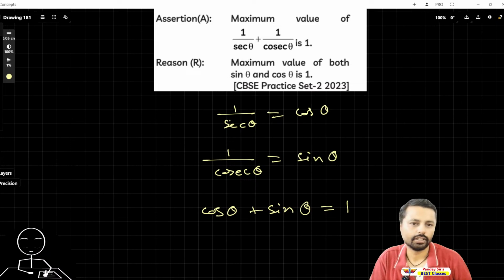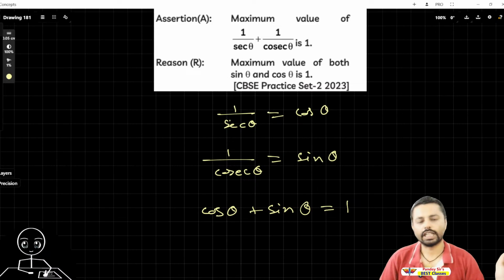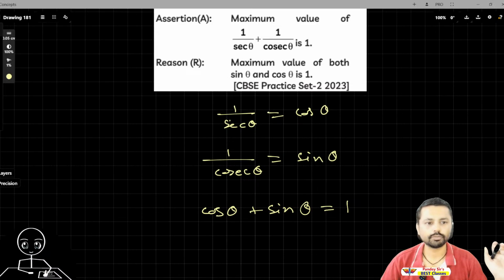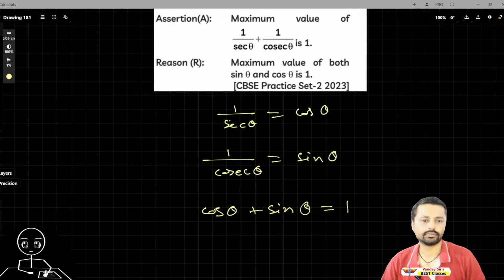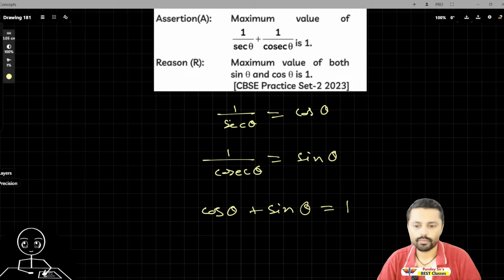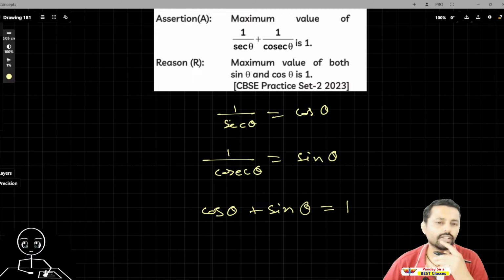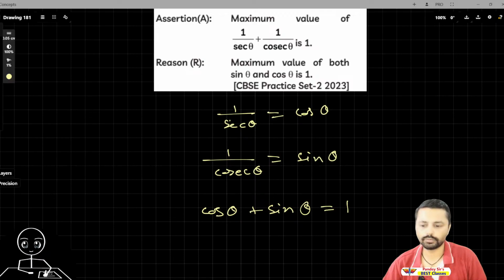Okay, now that is the maximum value they have said. Maximum value of sin theta, let me think once. Yes, it's true. Assertion is true.